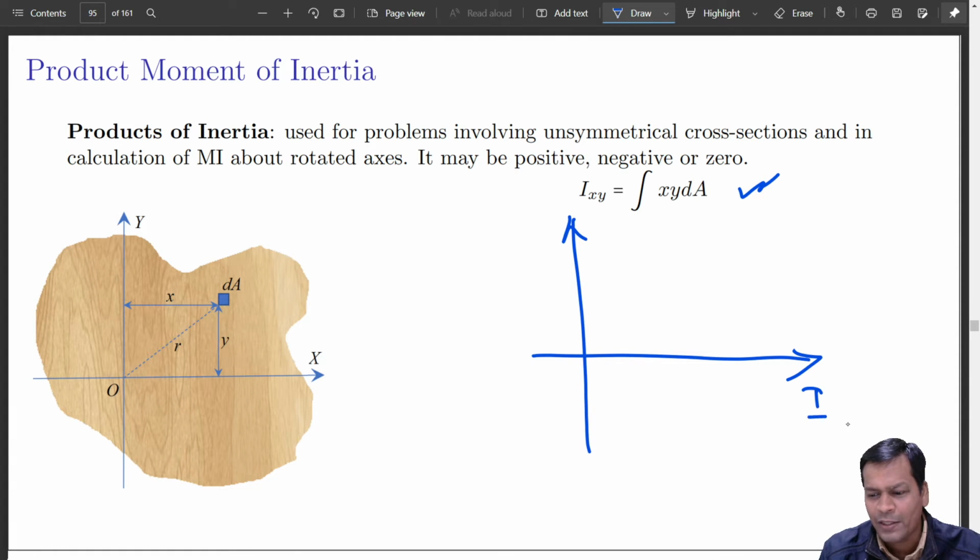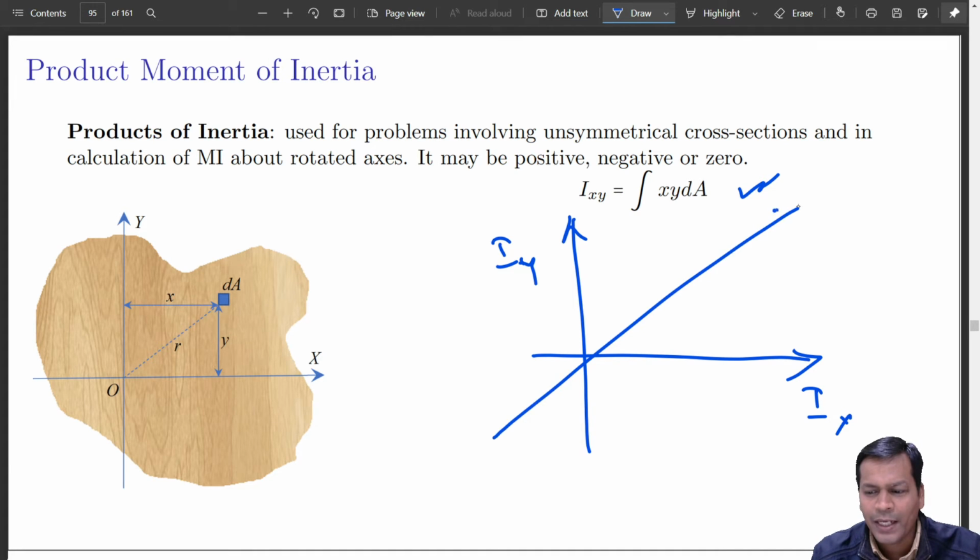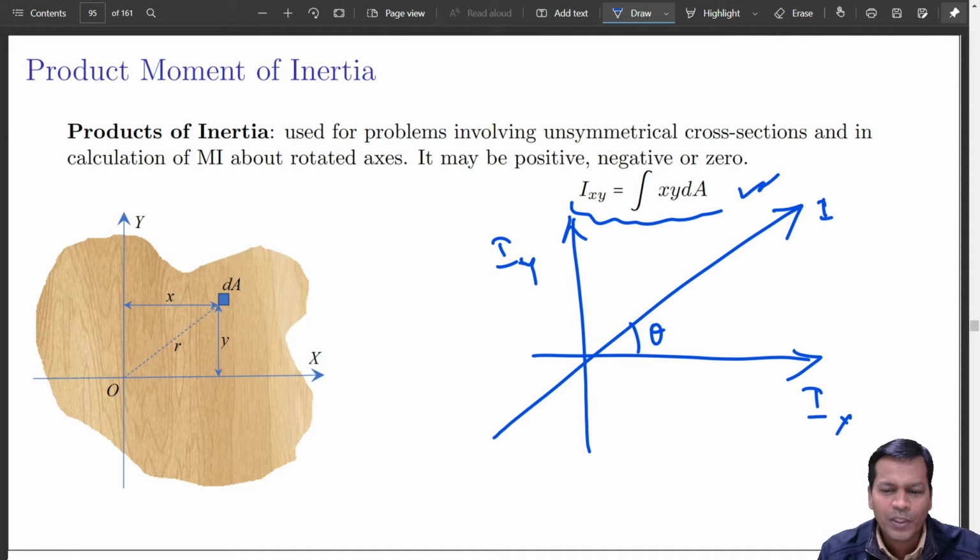These two were principal moments of inertia, and you have to find the moment of inertia about an axis which is inclined to x and y. You have this angle, and you want to find the moment of inertia about this axis. How will you do it?